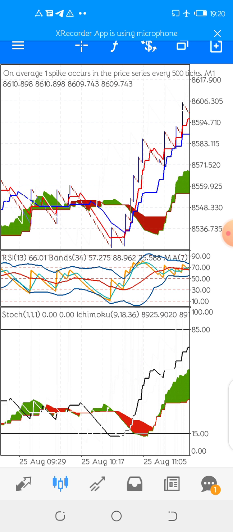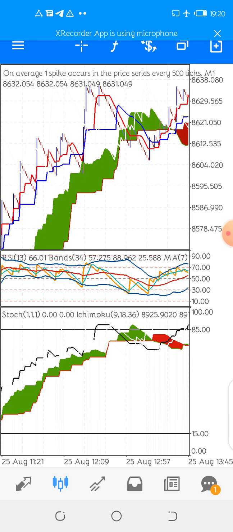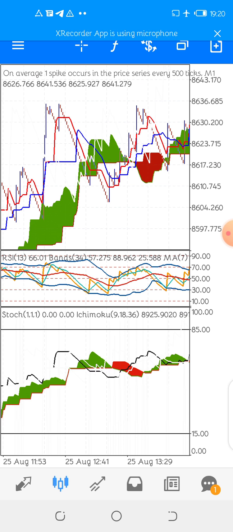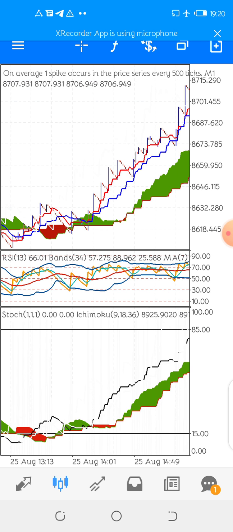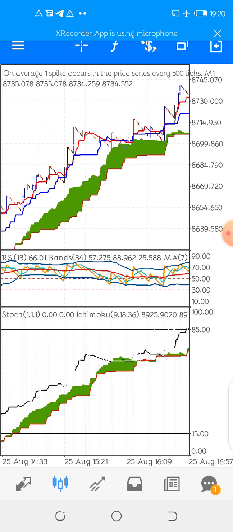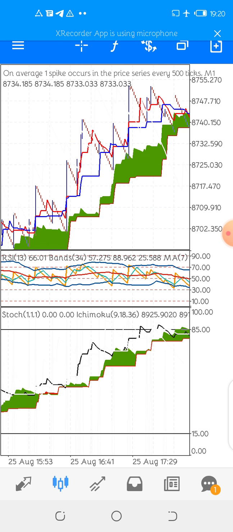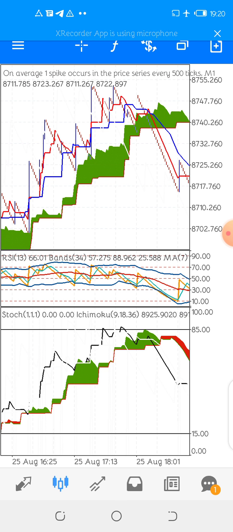So you see, up, up until when we started again consolidating a bit, a small red consolidation, continued again up, consolidation again, up. As long as the green cloud is under us, we are still going up until when we come and cross it officially.